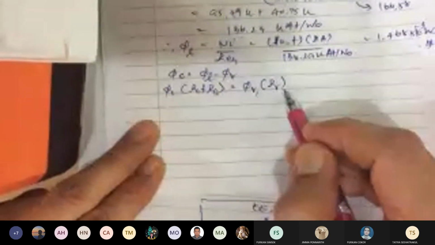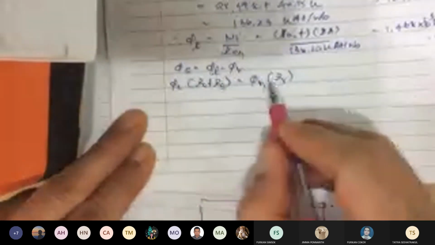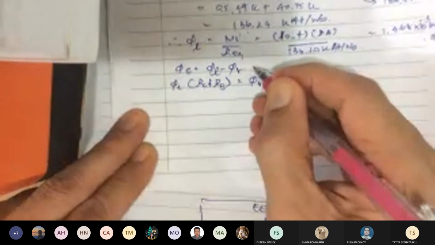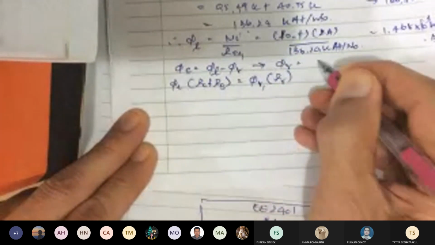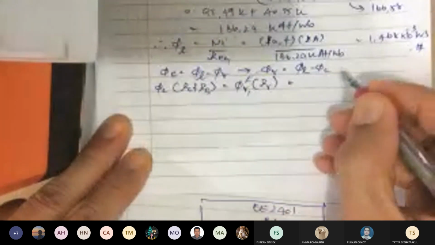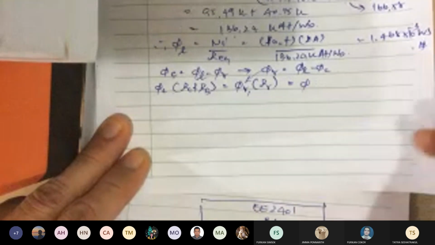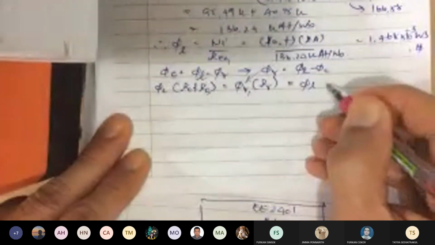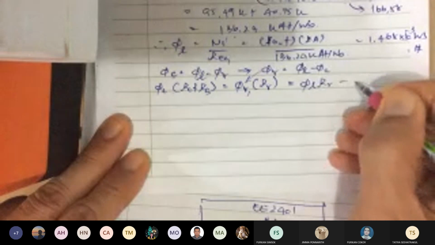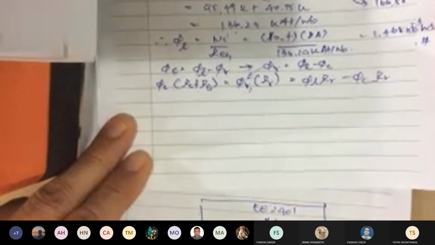So this time I'm going to solve for phi C. So I substitute in here, and let's do phi R instead. So this gives you phi R is phi left minus phi C. Put it back in here, you expand that, it's going to be phi L R minus phi C R. Okay.